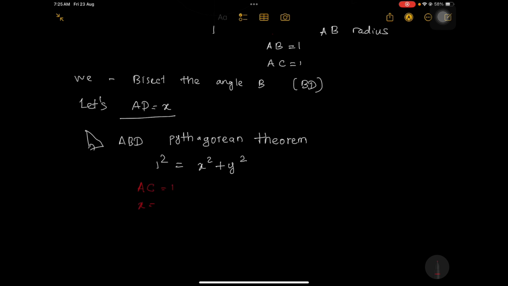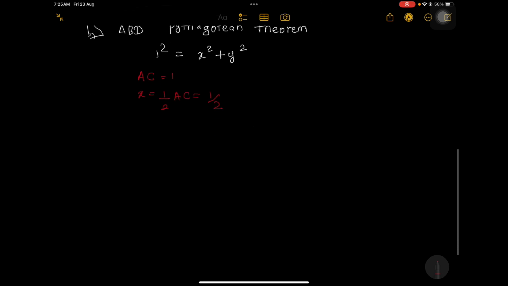So x is a bisector of AC, which is half. So I am going to substitute it in equation 1. So 1 is equal to half squared plus y squared.